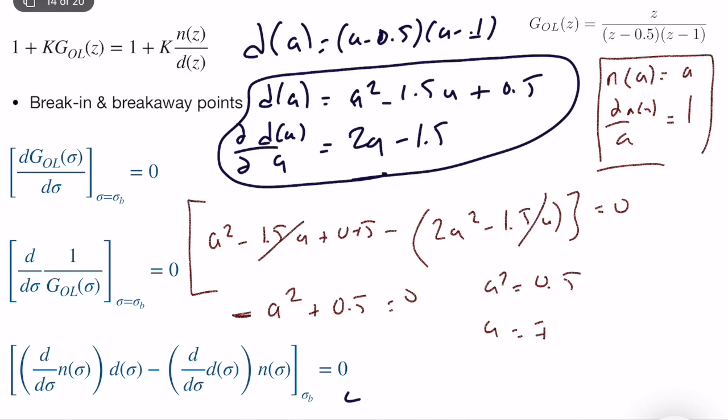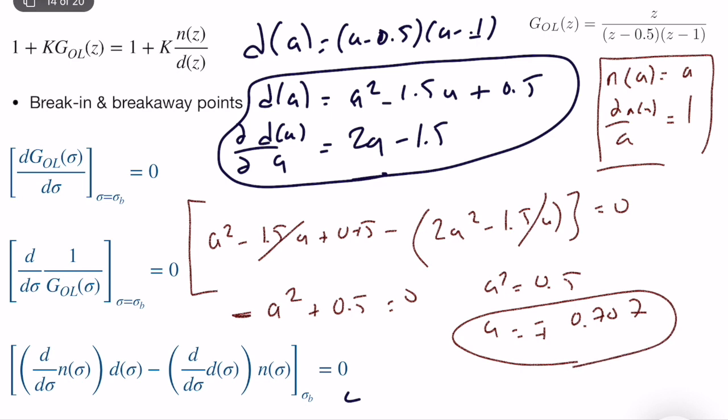There is no problem. Plus minus square root of 0.5. So what is the square root of 0.5? Let's check. It is equal to 0.707. Okay, so I computed a.